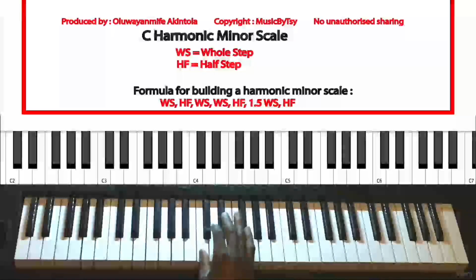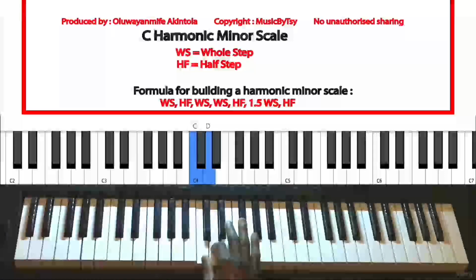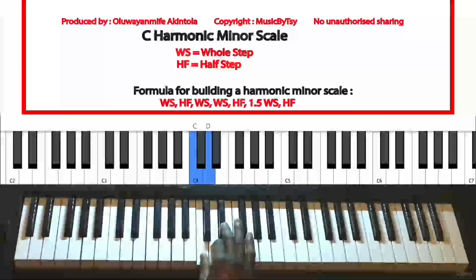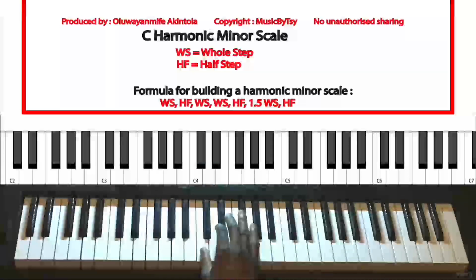Now whenever you move from one key to another key and you skip a key in between, for example, if I move from the key of C to the key of D, I've skipped the key of C sharp in between. Therefore, this means that I've moved by a whole step. If you move from one key to another key and you skip two keys in between, then that means that you've moved by 1.5 steps.